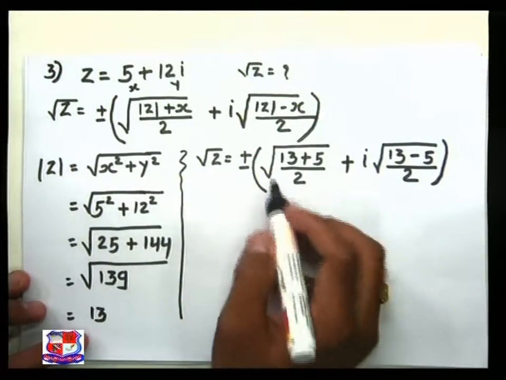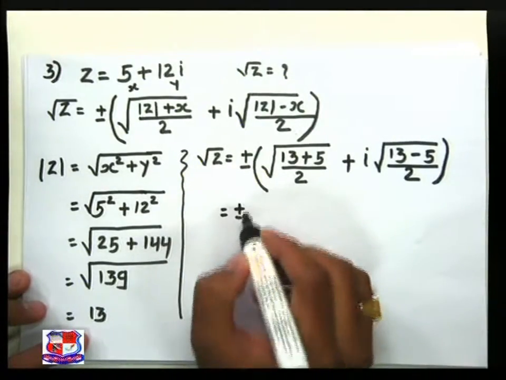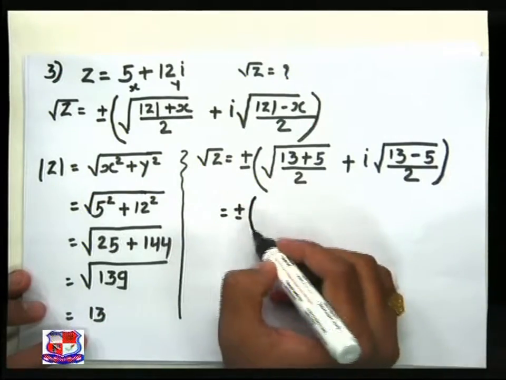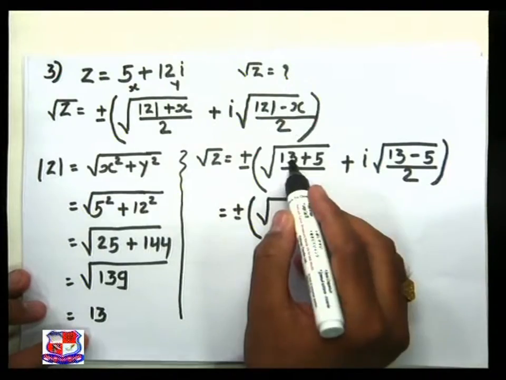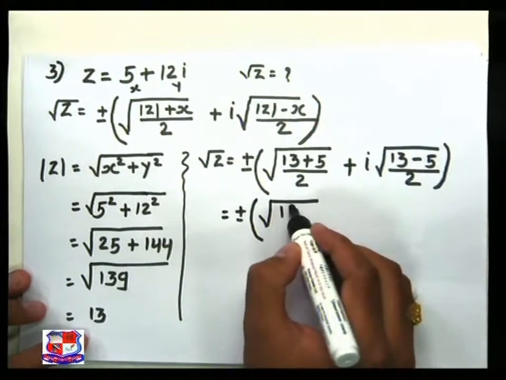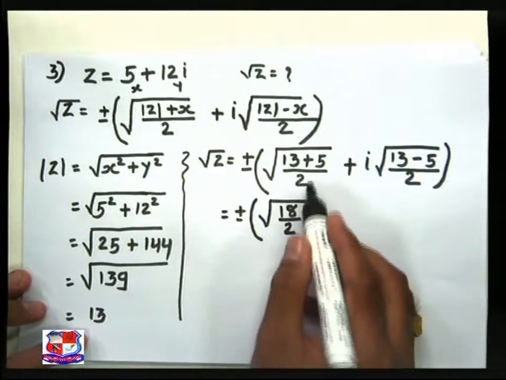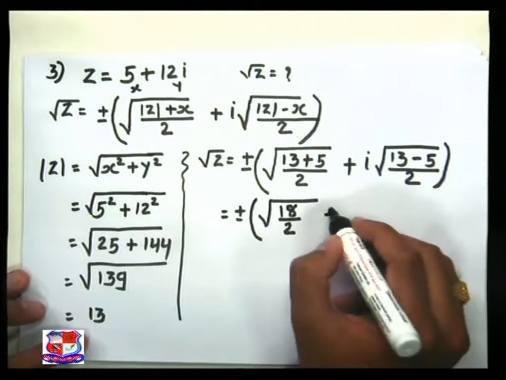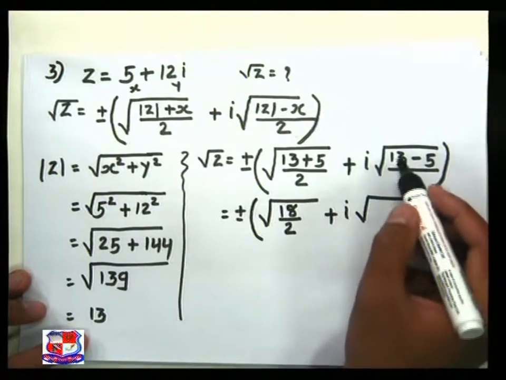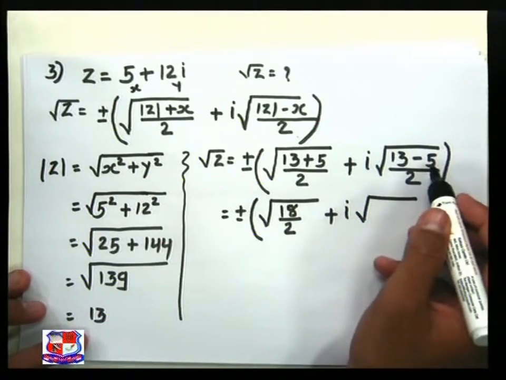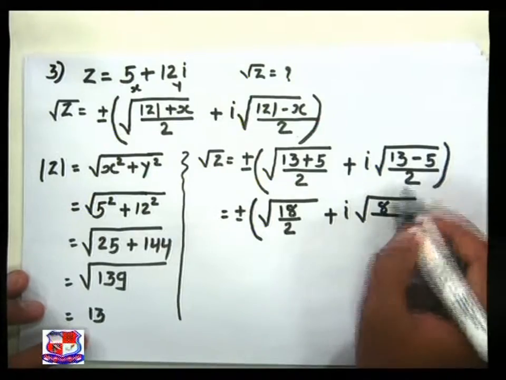Now we simplify our term, is equal to plus or minus under root 13 plus 5, that is 18, divide by 2 as it is, here plus i under root of 13 minus 5, that is 8, divide by 2 as it is.